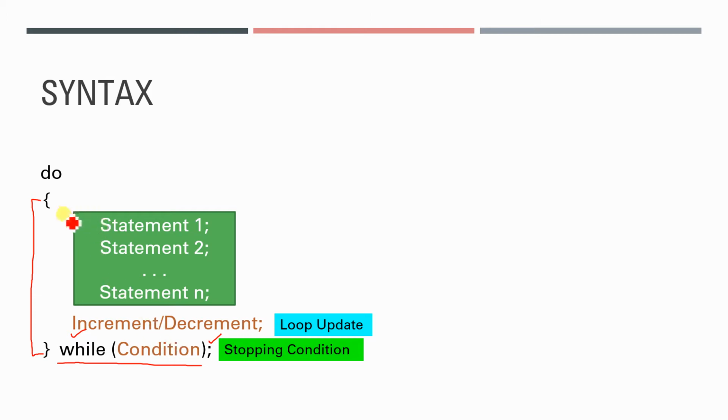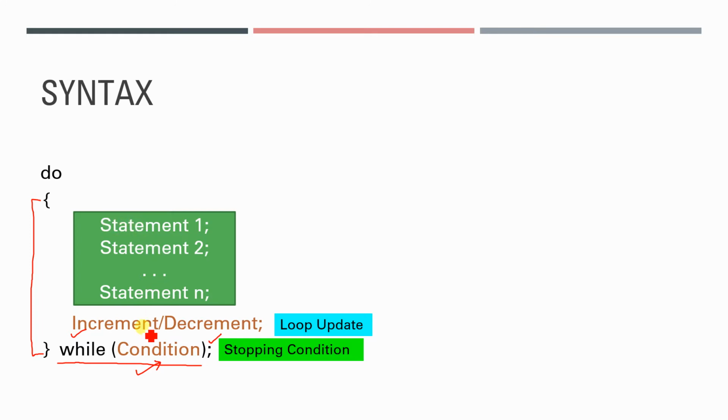In do while also you can use those techniques for loop update, and this loop update helps this condition to be false at some moment of time. So this is the necessary part of your do while loop or any looping control structure. So you need to specify this increment and decrement part for this loop update.